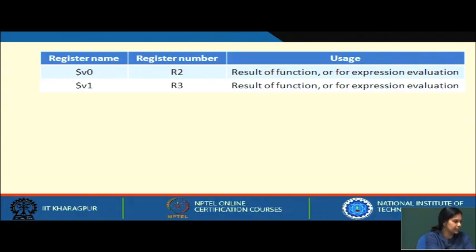Similarly, we have another register pair, that is V0 and V1. The registers that are used are R2 and R3. So, the result of a function or an expression evaluation is stored in V0, and in V1. So, V0, V1 are used for storing the result of a function.